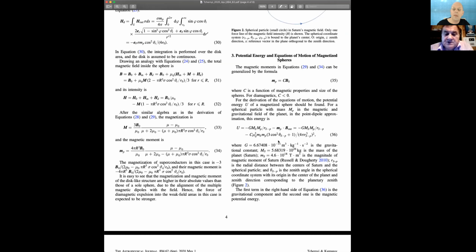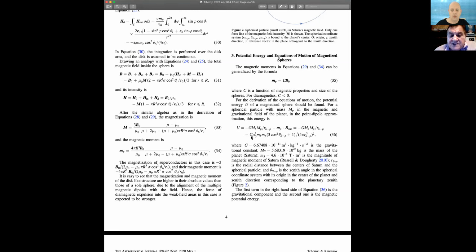In the point dipole approximation, we found the expression for potential energy, which is 36. The first term on the right hand of 36 is the gravitational component, and the second one on the right hand is the magnetic potential energy.